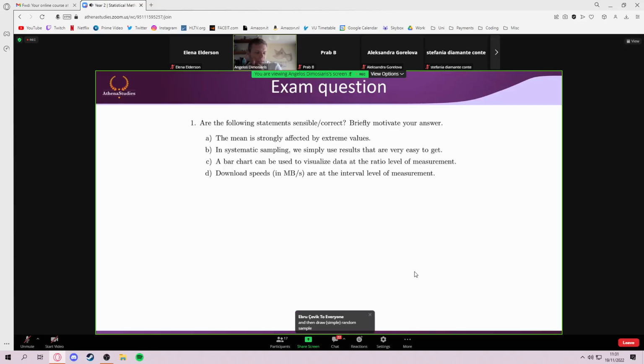I think in systematic sampling, you rank the participants, then you begin with someone, and then you take every case, like every second or every fourth, every fifth. This is systematic sampling, yeah. Nice try. Okay, so a bar chart can be used to visualize data at the ratio level of measurement. Is it true or not, and why?